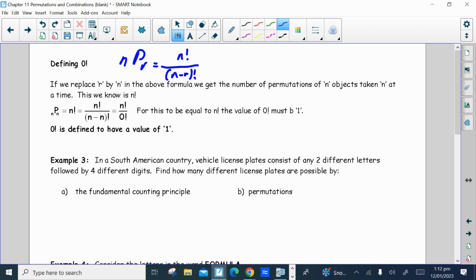Well, if we replace the r with n, then you're going to have nPn. And that would be n factorial over (n minus n) factorial using the nPr formula, or n factorial over 0 factorial.